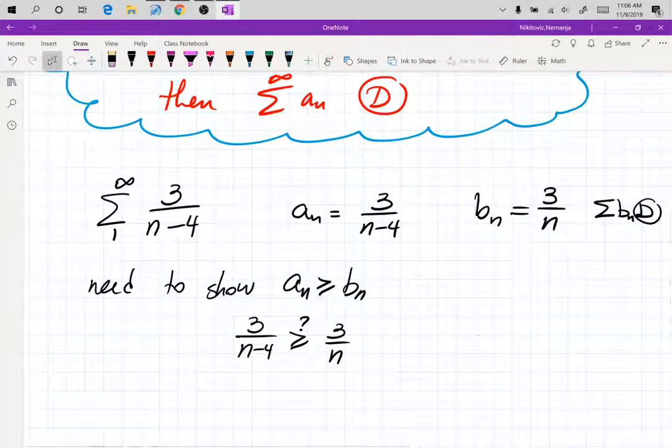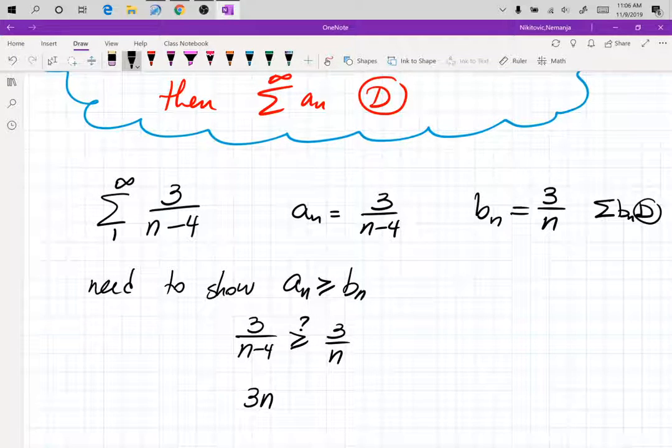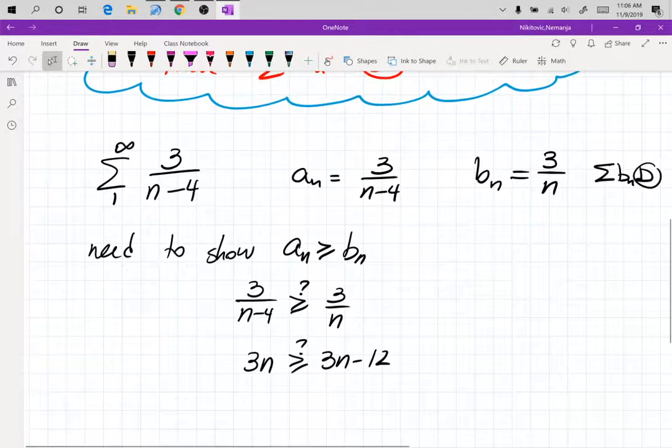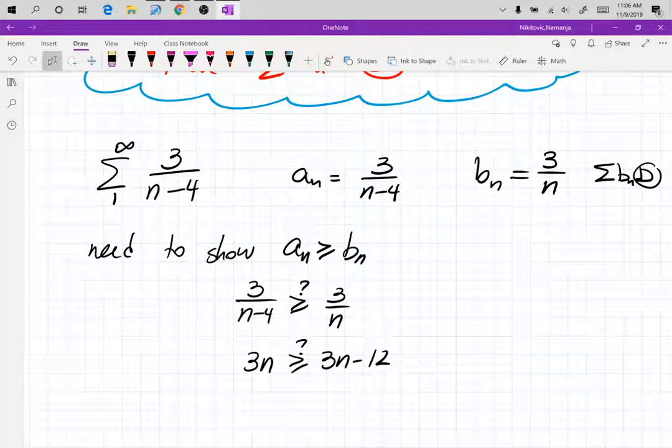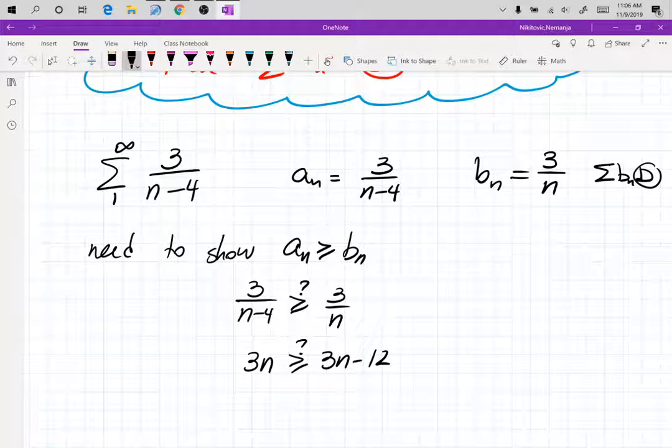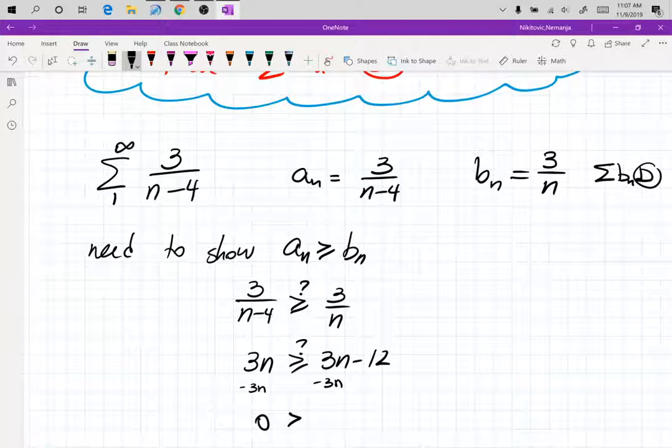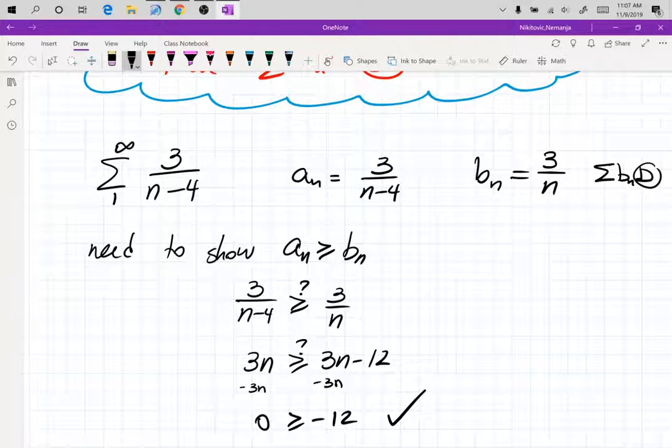When you cross multiply, you get 3n bigger or equal than 3n minus 12. And since n is not 0, n starts in this case at 1, so you can subtract 3n on both sides, and you get 0 is bigger than negative 12. That's true.